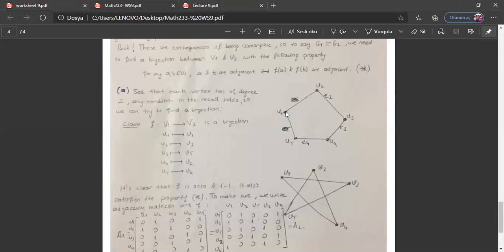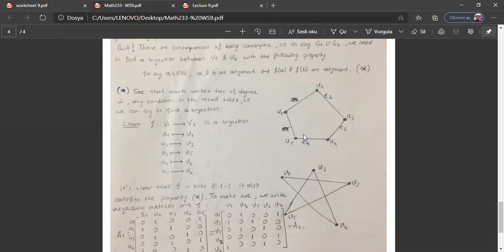So first of all, you check if there is a vertex whose degree is different from the other ones. So we see all of them have degree 2, right? And here again, all vertices have degree 2, right? So we can imagine there may be a bijection between them, okay?